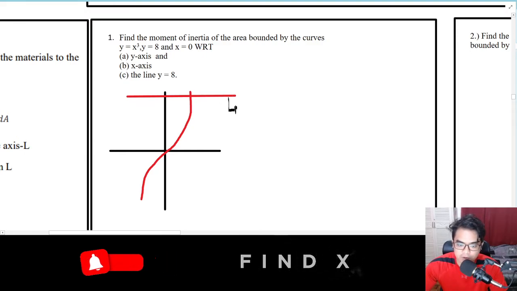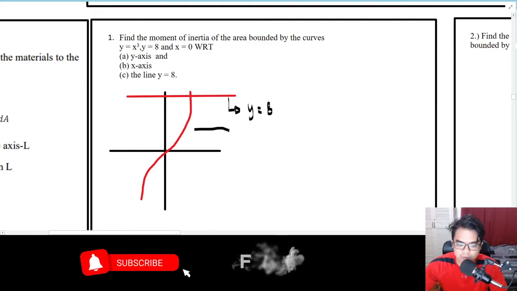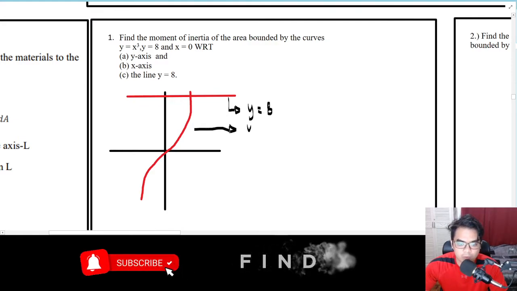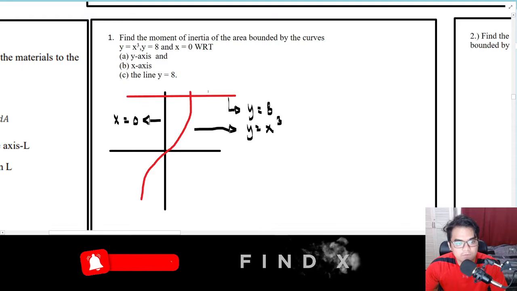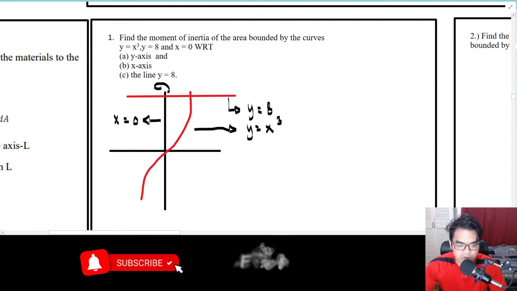Here this is y equal to 8, and this one will be your y equal to x cubed, and of course this will be your x equal to 0. So you have the area bounded by the curves with respect to the y-axis. This is for letter A.